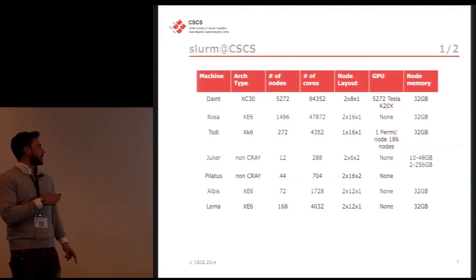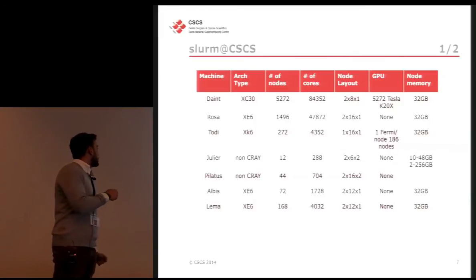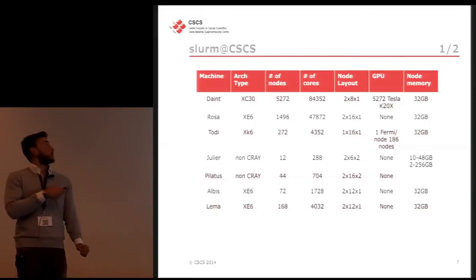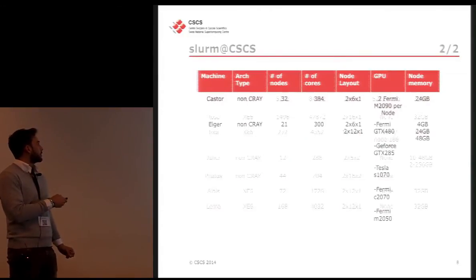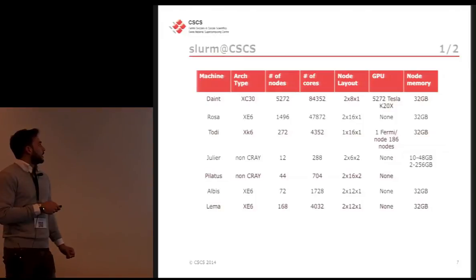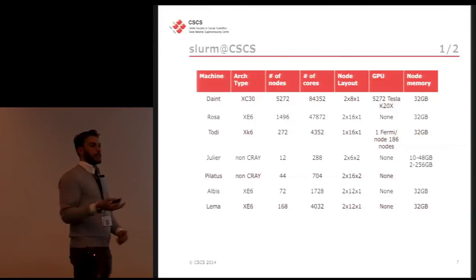This table, I hope it's updated, but it should be. It's more or less an overview of all the machines. We have more machines, but these are the ones that I'm used to working with. This is to show you that it's a very heterogeneous environment at CSCS.